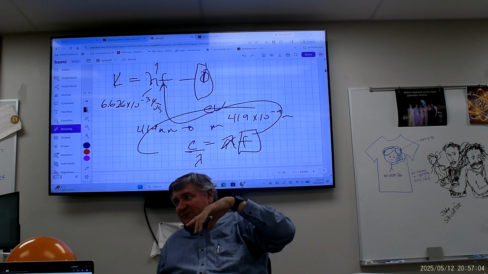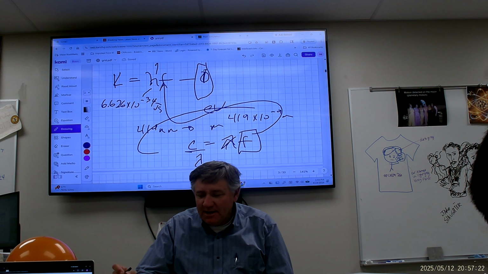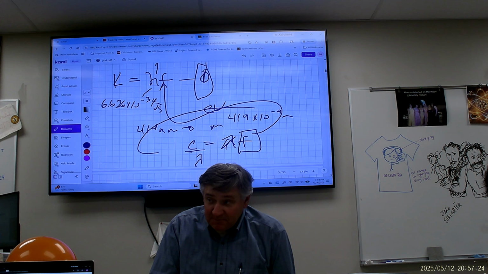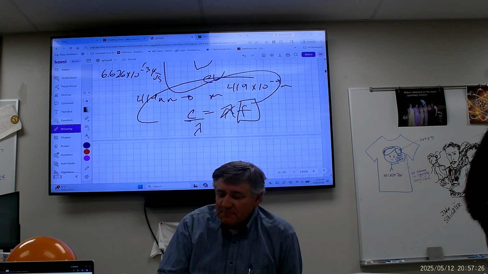Or you can sit there and go, wow, because of the fact that, but this is where it comes from. Since c equals lambda times frequency, c over lambda equals frequency, so you can rewrite that as hc over lambda equals energy.